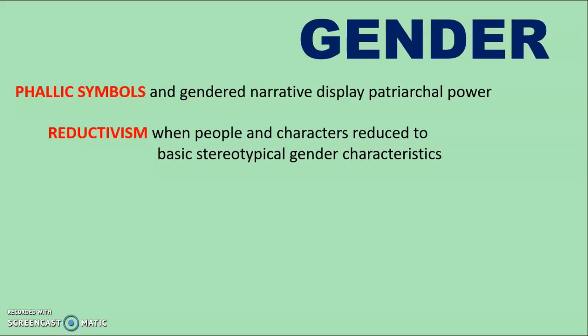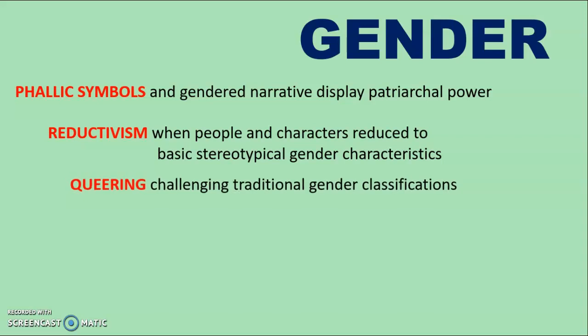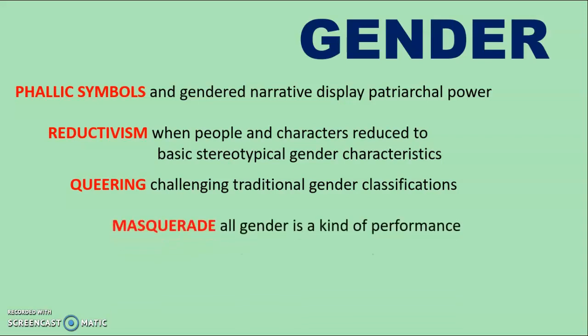And so you might see those in art and literature, in a story, for example. Reductivism is when people and characters are reduced to basic stereotypical gender characteristics. Of course, people are not just characteristics, they're complex. And so when a story challenges those boundaries, it's called queering. That's the only way we're going to use that. There are other ways of looking at queering, but that's what that means, challenging those boundaries.